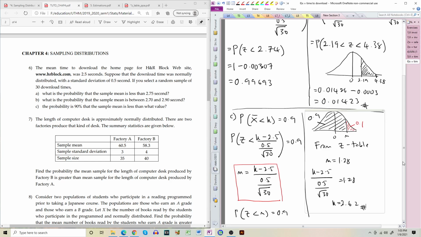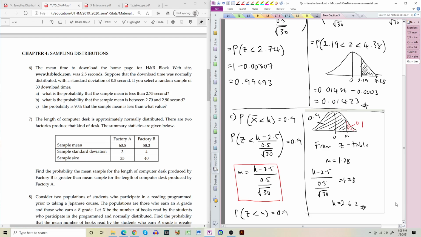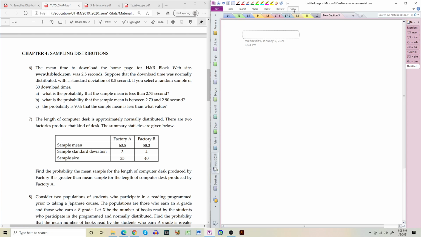All right. So I think the first 6 questions are single sample. You only see one sample there, one group, one sample, and the other questions are 2 sample. So we are going for question 7 now. The length of computer dash is approximately normally distributed.